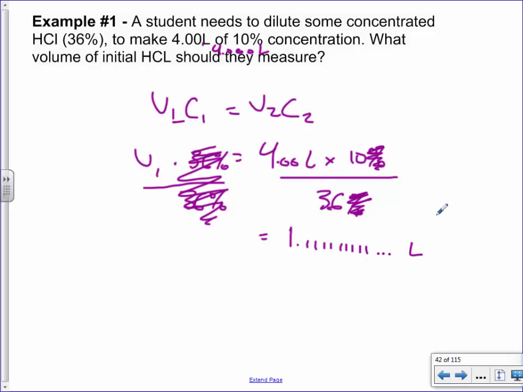Is this the best measuring tool I could use in terms of precision? Well, no. But if I were to use this measuring tool, you see how there are all those different lines on the side there? This is more precise now. Does that make sense? So based on that, sig digs are based on the least amount of precision. So this is going to be 1.1 liters. 2 sig digs.